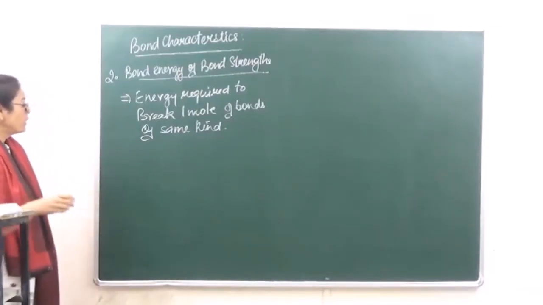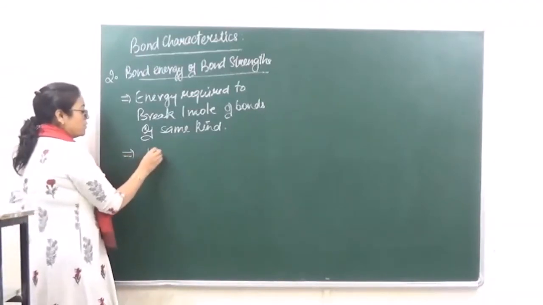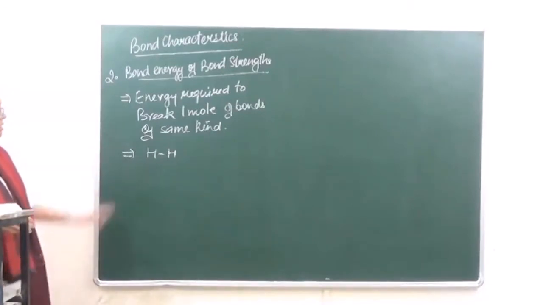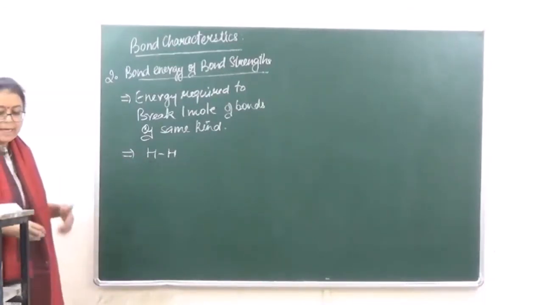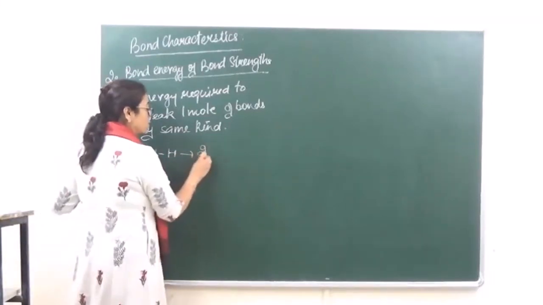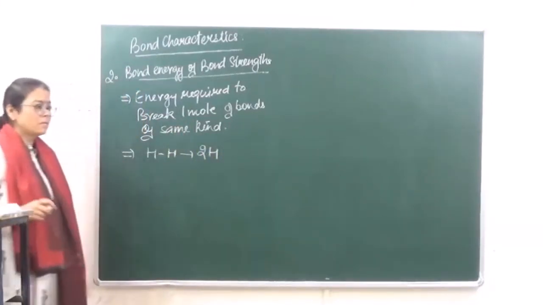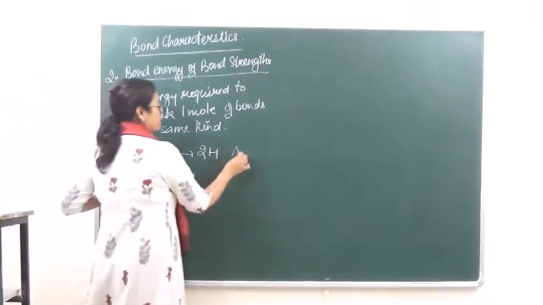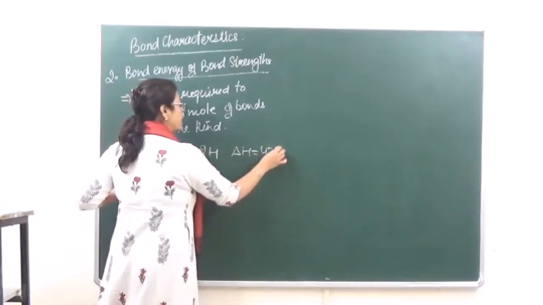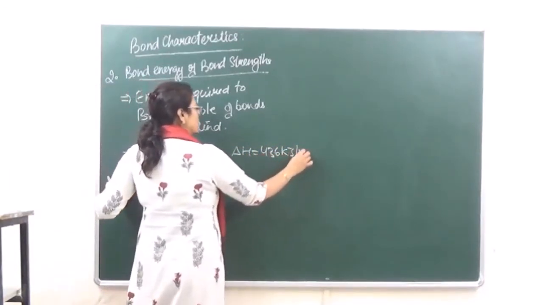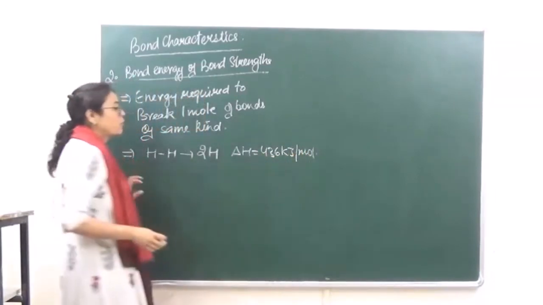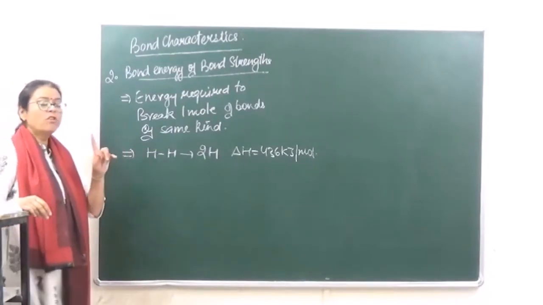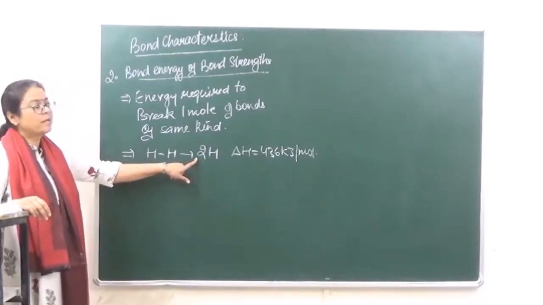Okay? Now when looking at bond dissociation energy, we can explain it this way: if there is a molecule of hydrogen, H2, it is going to get dissociated into two atoms. Okay? And we say that delta H here is equal to 436 kilojoules per mole, which means that 436 kilojoules of energy is required to break 1 mole of bonds of hydrogen into its respective atoms.